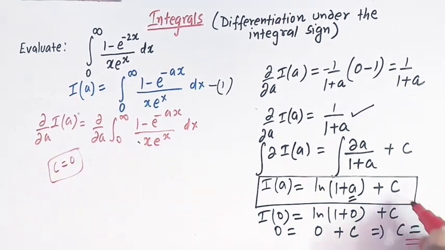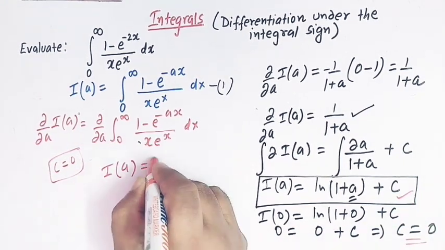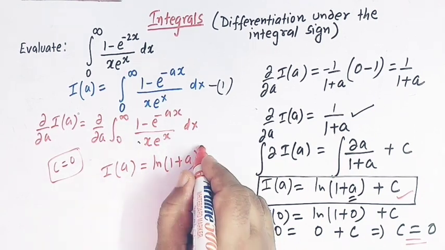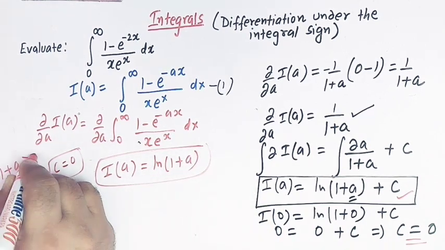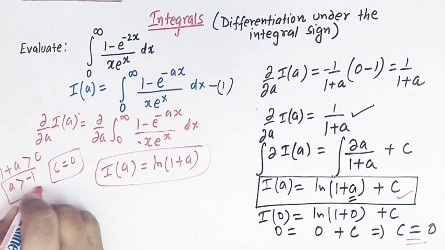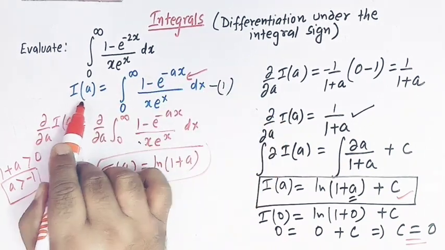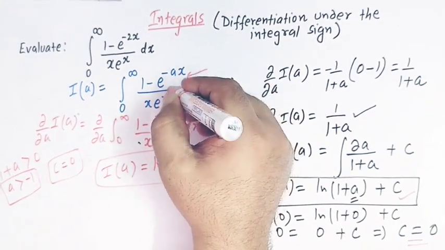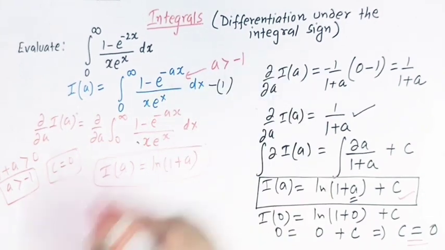So taking c is equal to 0 in this equation, we obtain I of a is equal to log of 1 plus a, right? And always remember that this 1 plus a should be greater than 0, so a should be greater than minus 1. So here when we have assumed this parameter in this integral, the condition to be imposed on a should be a greater than minus 1.